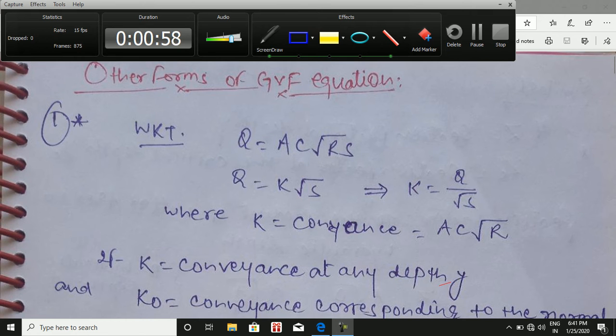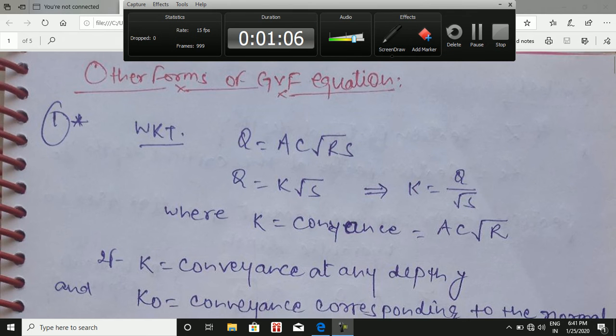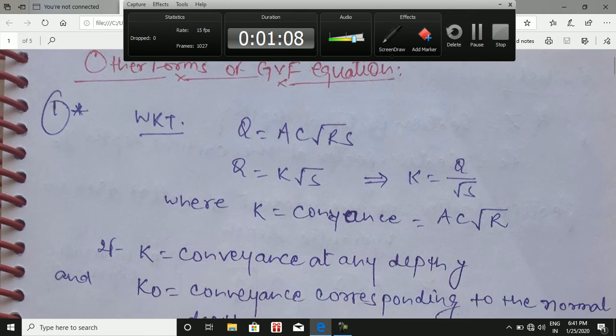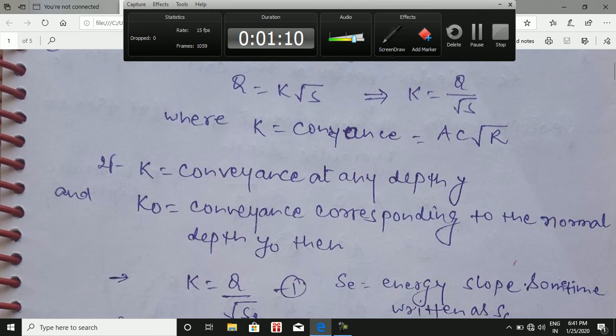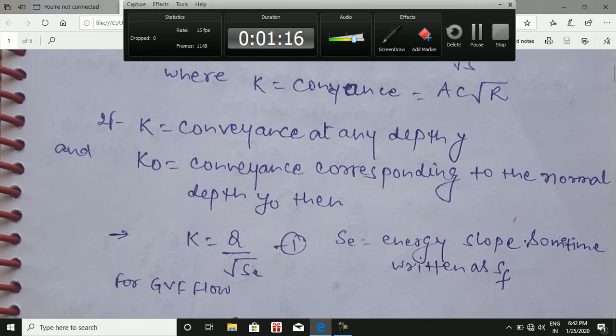Now we are going to see K naught, the conveyance corresponding to the normal depth Y naught. Then K is equal to Q upon under root SE, where SE is the energy slope, or sometimes it is written as SF, for gradually varied flow.